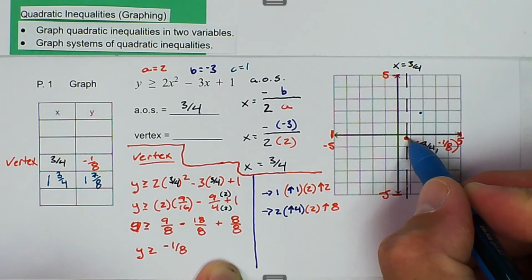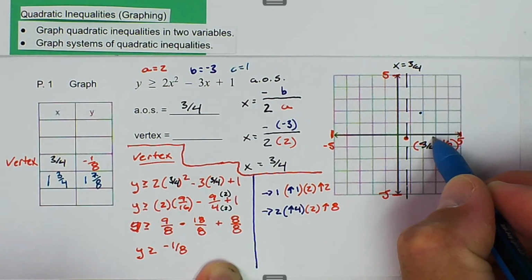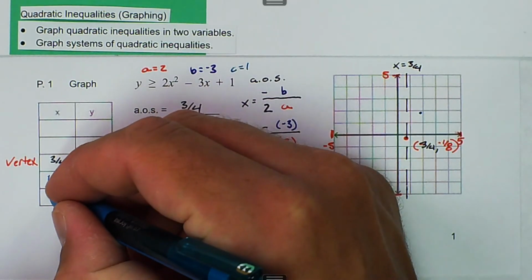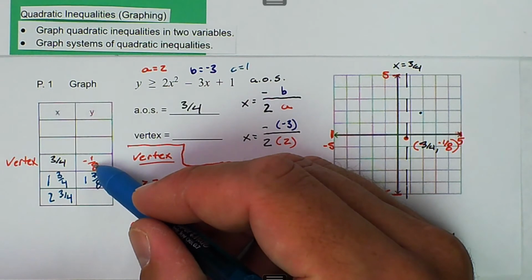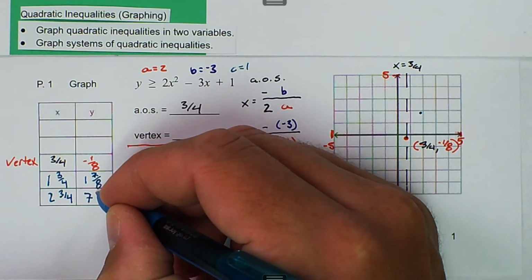And then if we go over 2, we're going to be at 2 3/4. That's 1 3/4, 2 3/4. And then if we go up 8, we're going to be off our graph. But if we were going to graph it, it would be 2 3/4, and then 8 plus negative 1/8 is 7 7/8.